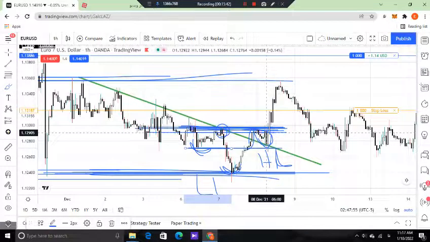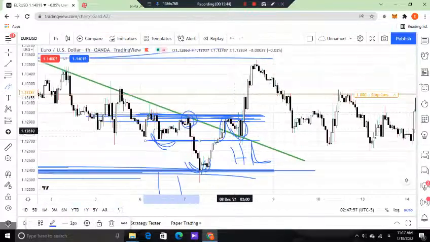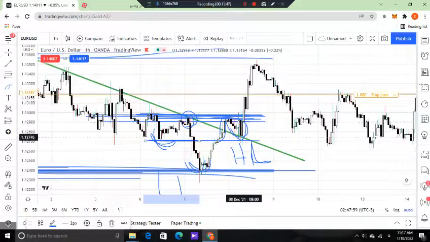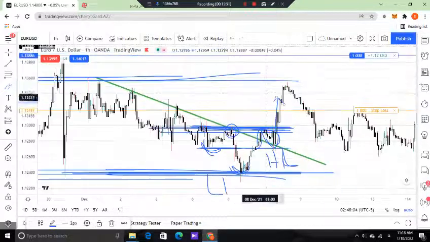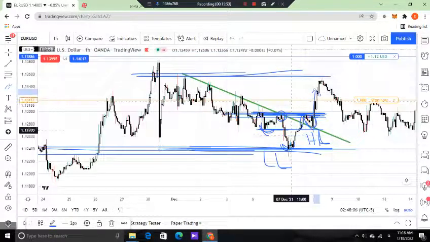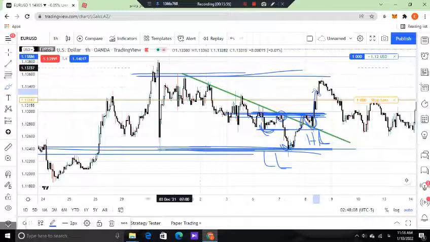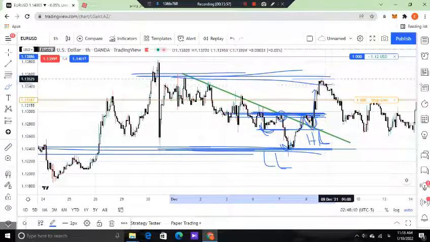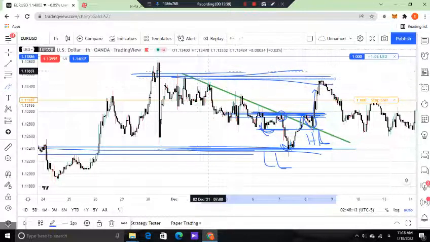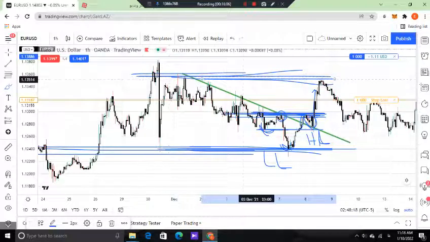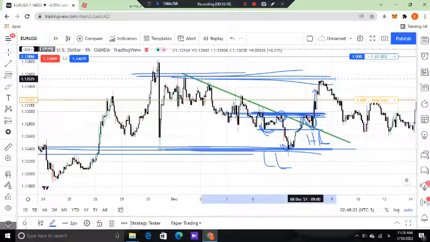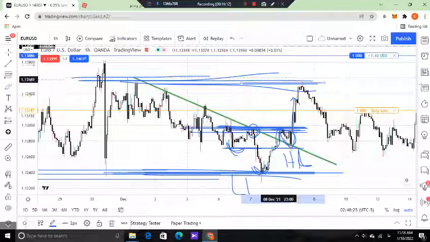So first we have this resistance, a pullback, and after that a breakout above this resistance, which is as high as this one. But usually traders put their take profit at the start of this trend line, which usually happens.